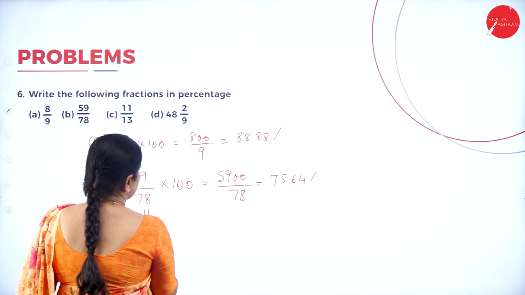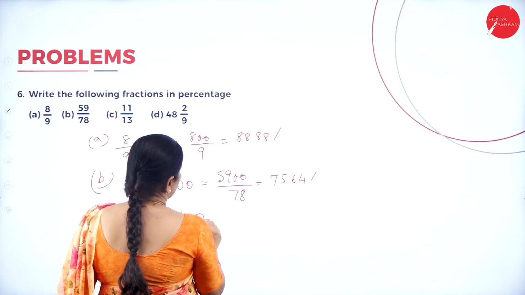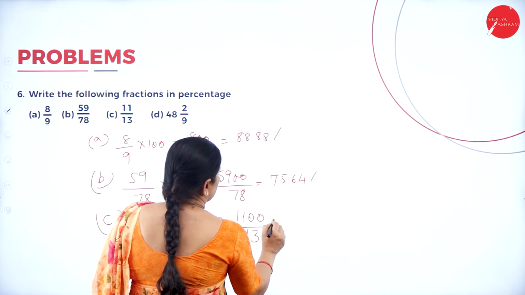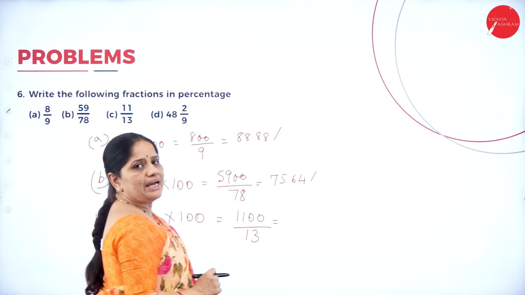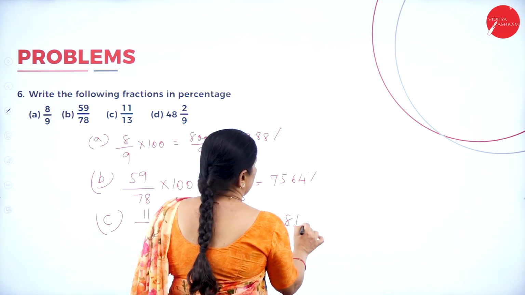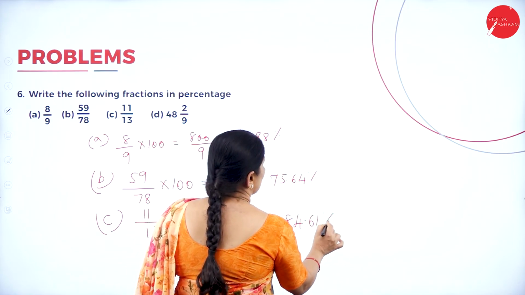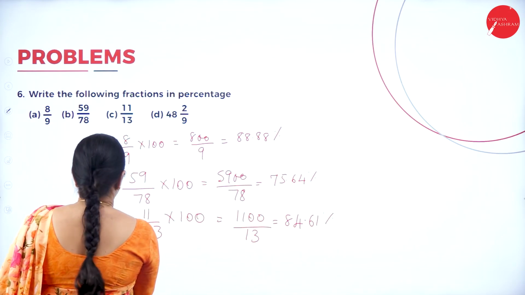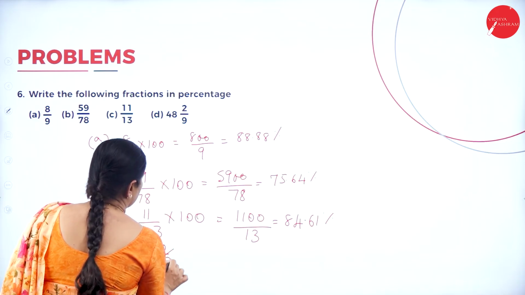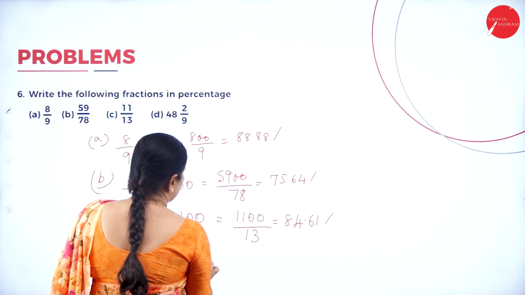Now the next, C, 11 by 13 into 100. So this will be 1,100 by 13. This is equal to 84.61%. Then D, 48 2 by 9 into 100.